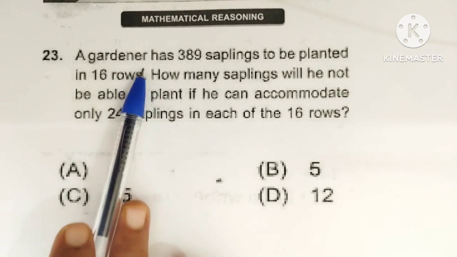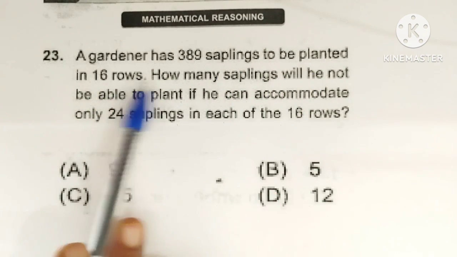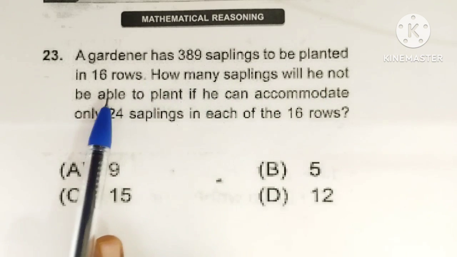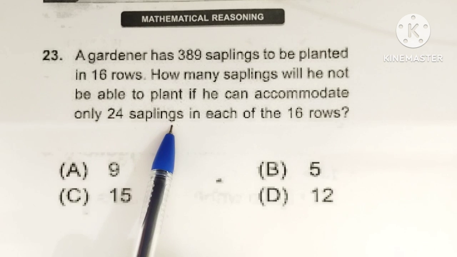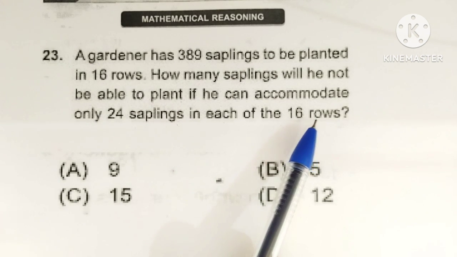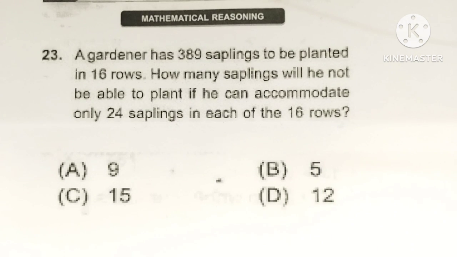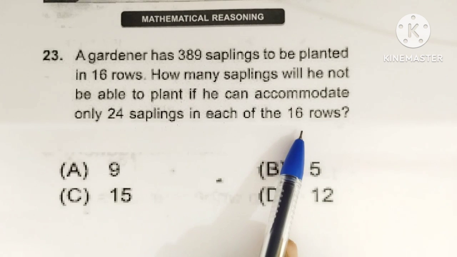23rd question. A gardener has 389 saplings to be planted in 16 rows. How many saplings will he not be able to plant if he accommodates only 24 saplings in each of 16 rows? Here the total number of saplings is 389. In each row he plants only 24 saplings, total 16 rows.